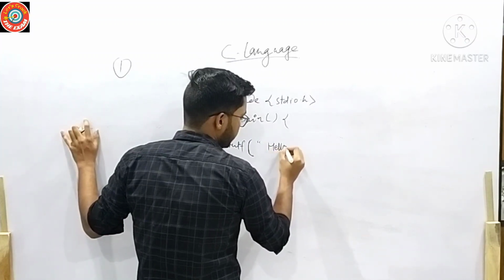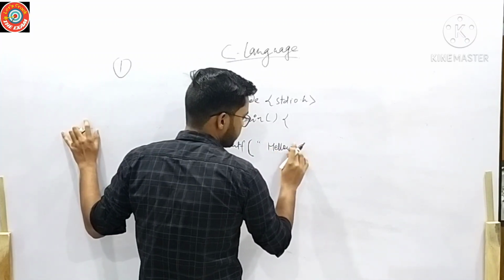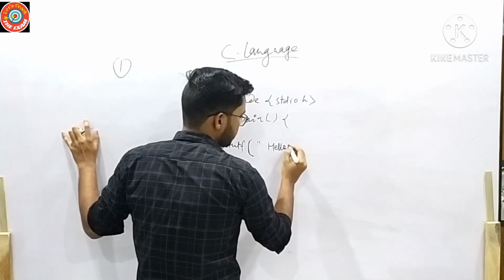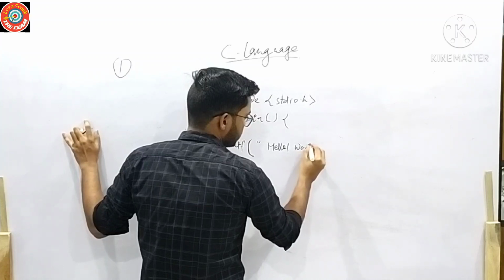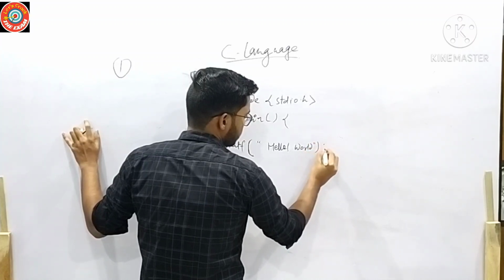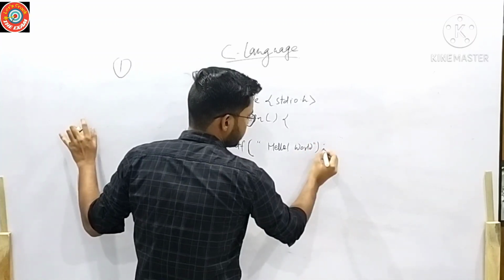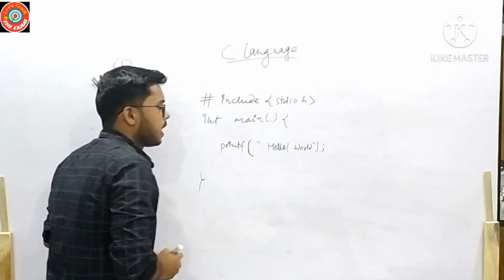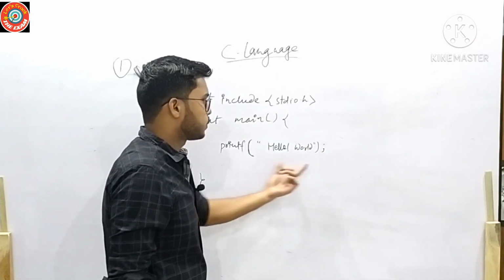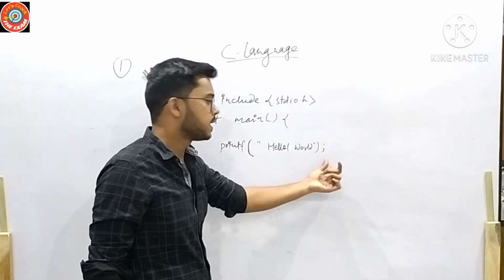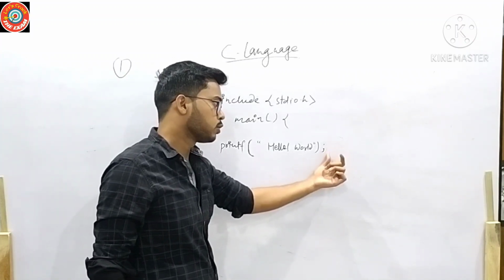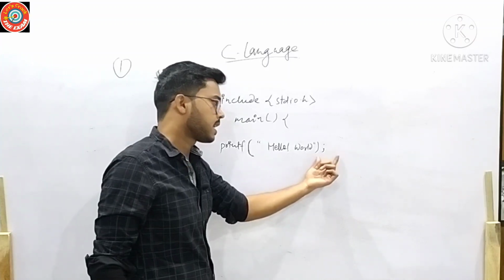So we want to print hello world. After every statement we have to close it with a semicolon. Every statement, I repeat, every statement we have to close with a semicolon.